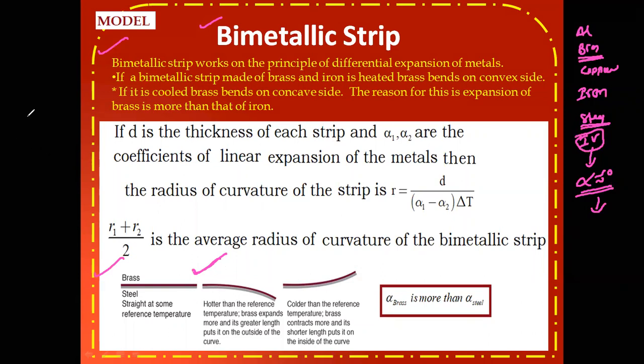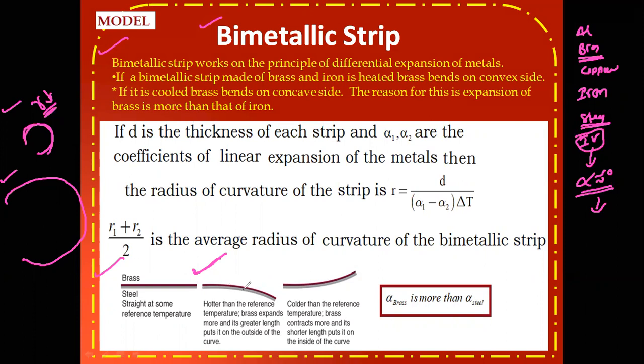Bending nature. See, if this is a circle, this is a curve, and I take one more curve like this. Out of these two, which will have more bending? The bending nature is more for this circle because the radius is less. So for the lesser radius value, it has more bending nature.